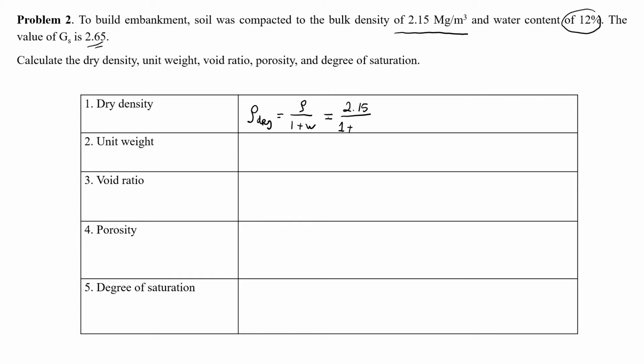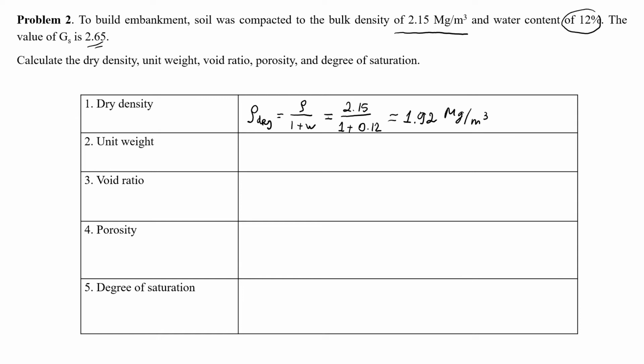The water content is given in percentage. We need to change it to the ratio, 0.12, and that will give us approximately 1.92 megagrams per cubic meter. So this is the dry density of this compacted soil.